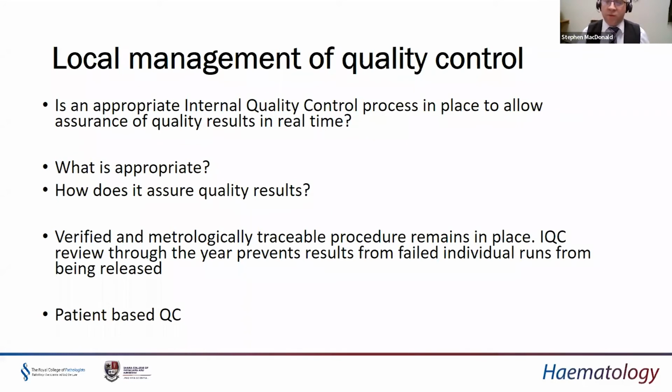The only way that we can have transferability of results is through having metrological traceability and having that encompassed within our measurement uncertainty calculations, so that we know what the result means between centres, because patients move. Patients don't necessarily get tested in the same hospital at the same time. So we need to know how that works.